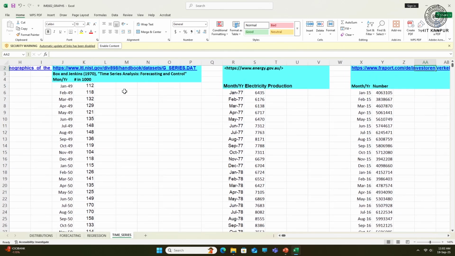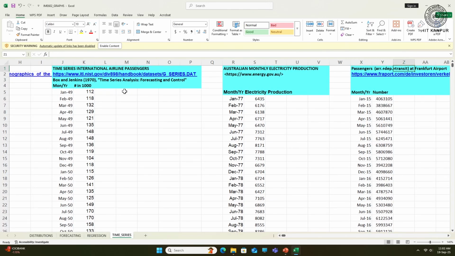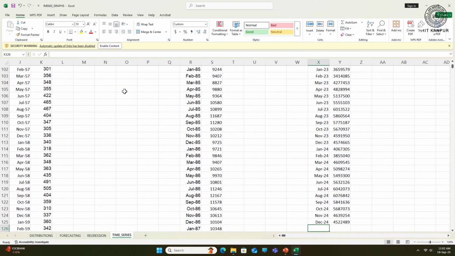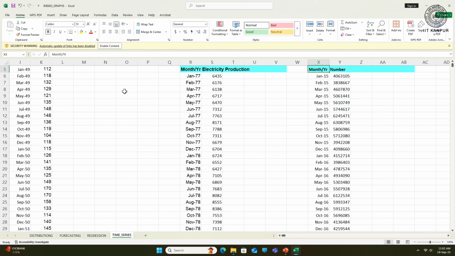Then you have the passenger arrivals, departures and transit at Frankfurt airport from January 2015 till December 2024 per month. All these are per month, except for the case where you have the data for the stock market.